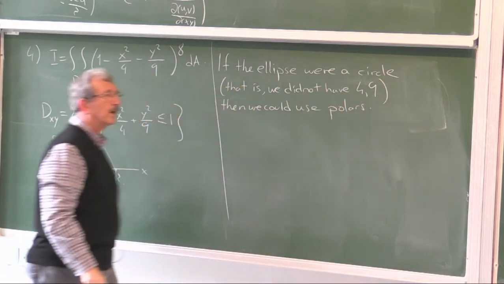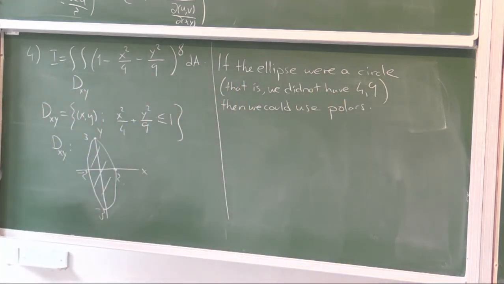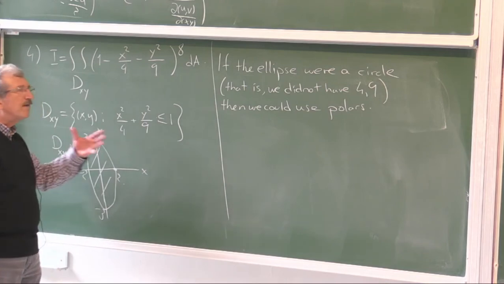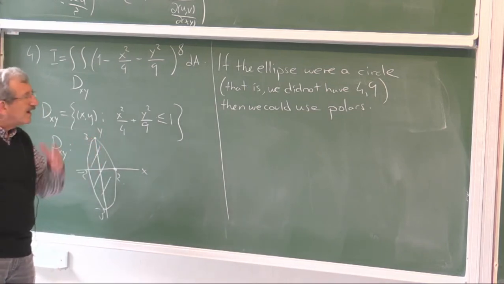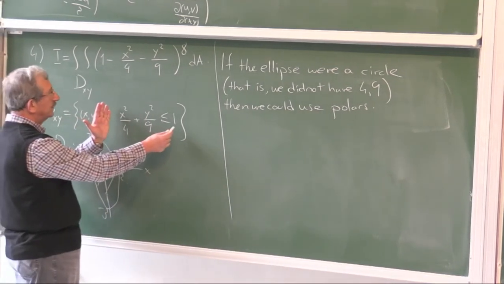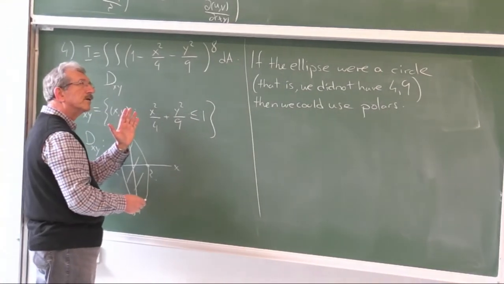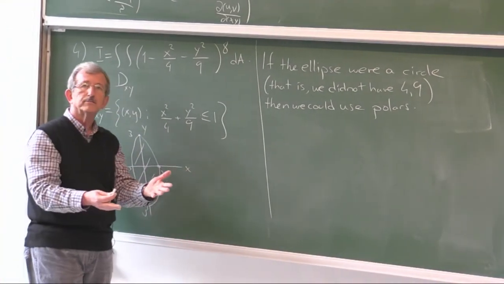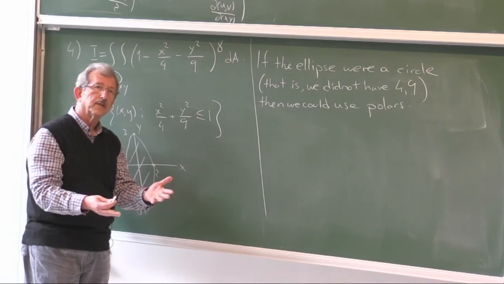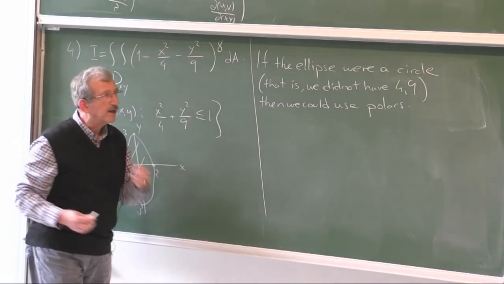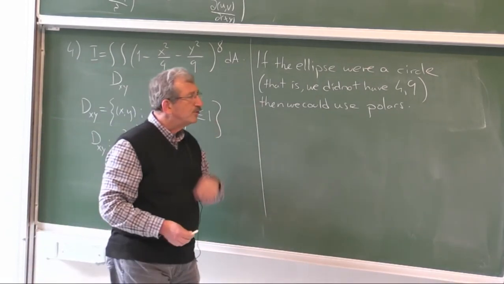But we have an ellipse, and we want to use polars. What's the advantage of the polars? The advantage is that this ellipse, or the circle, becomes r equal to a constant. And that's a very good simplification. Let us try to do that.